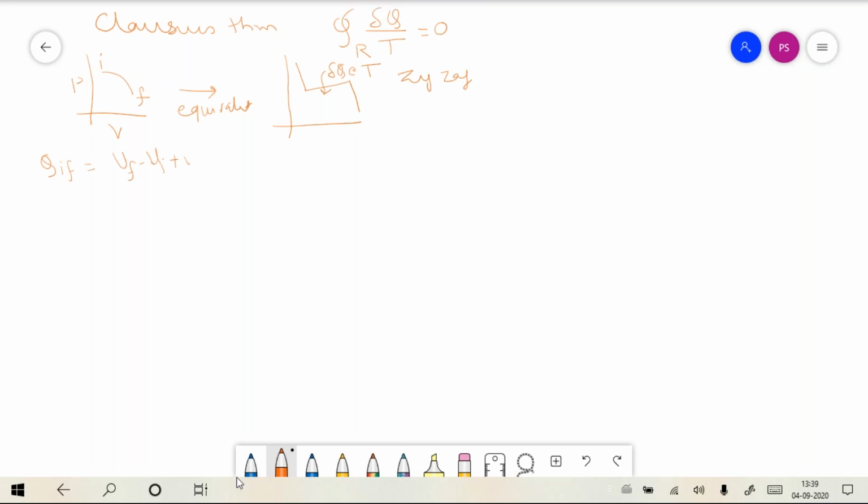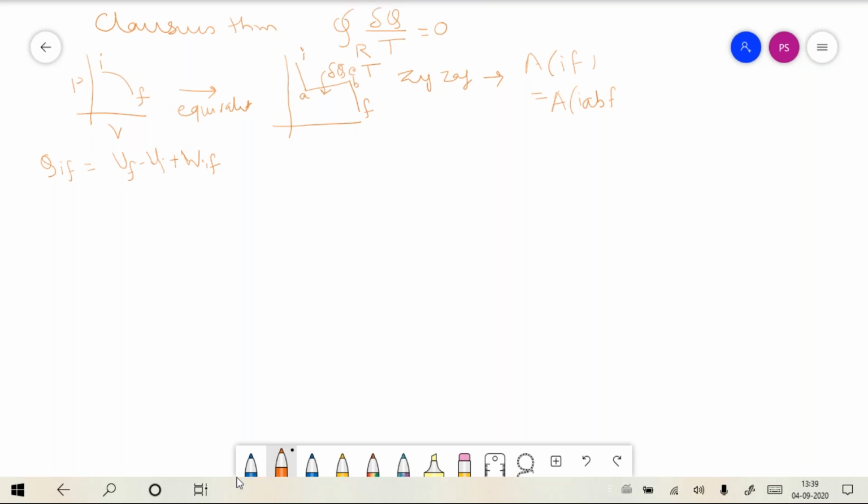In other words, I already know that work of IF is equal to work of IABF. This I had called equation 1. Now, this becomes your equation 2.